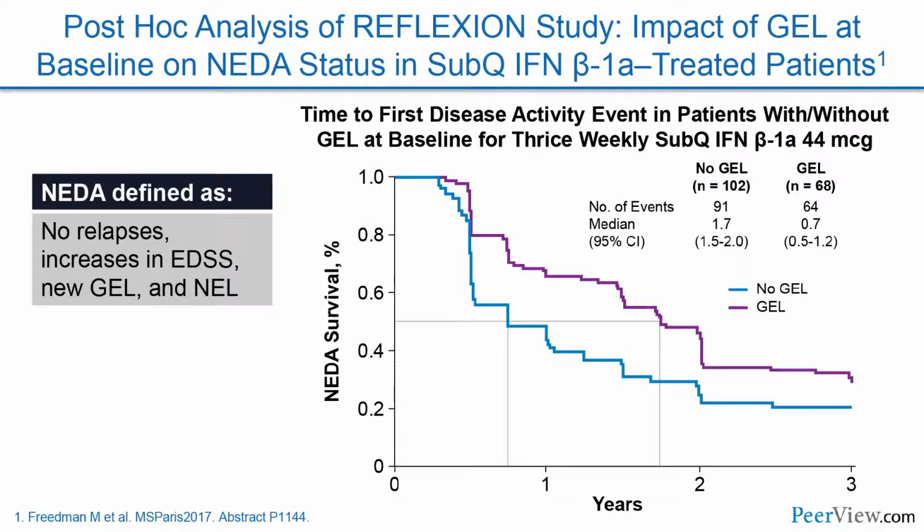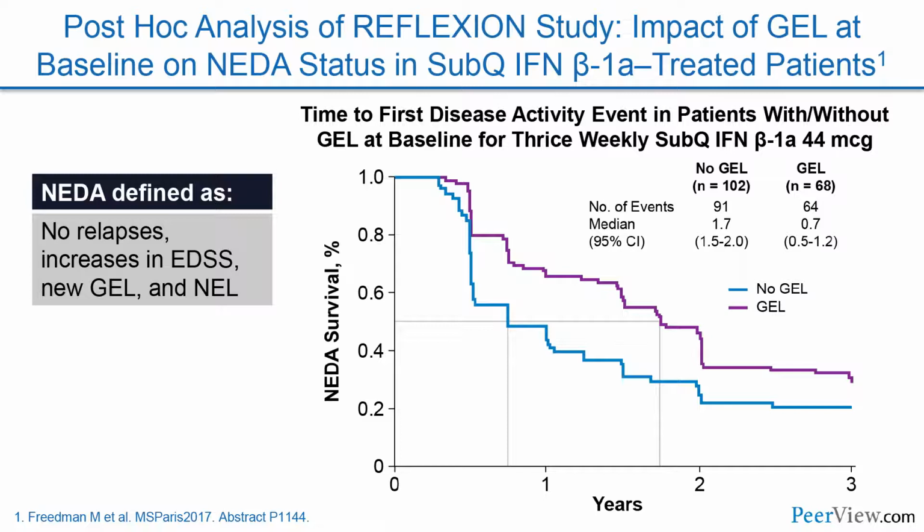Upon conversion to clinically definite MS, patients switched to open-label SubQ interferon beta 1A thrice weekly. In the REFLEXION extension study, all placebo patients were switched to subcutaneous interferon beta 1A thrice weekly in a delayed treatment arm. Subcutaneous interferon beta 1A patients continued their initial regimen up to 60 months.